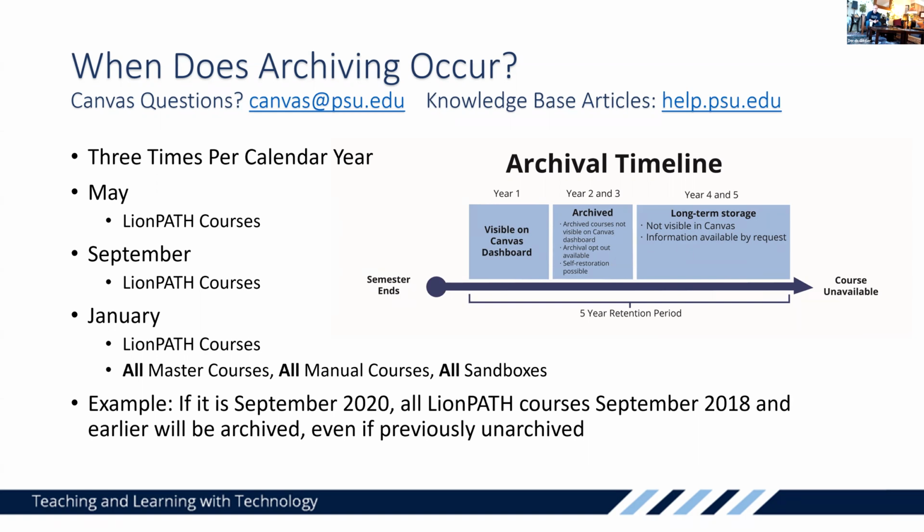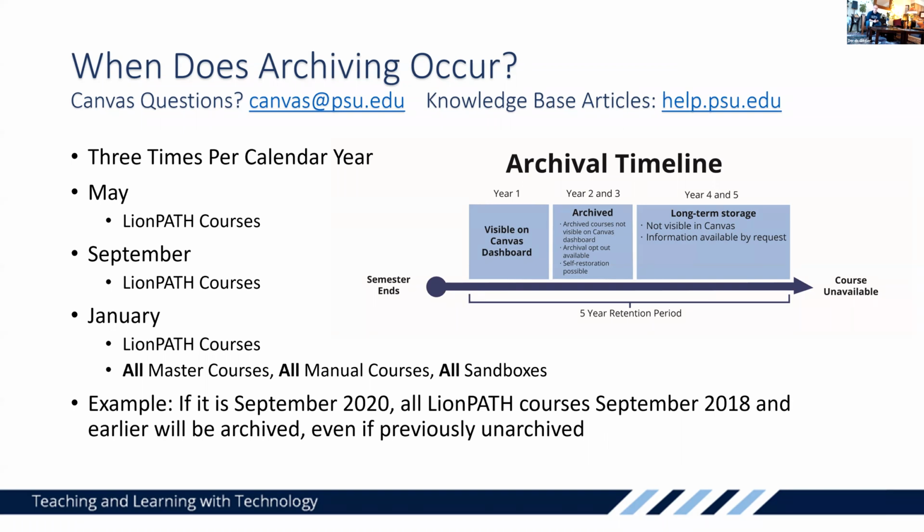Like I said before, the master courses, manual courses, and sandboxes are archived every year. It does not matter when a master, manual, or sandbox was created. It will be archived in January each year and every year. If you wish to opt out of that archival process, it must be opted out each and every year.